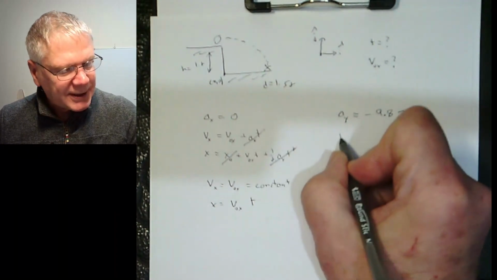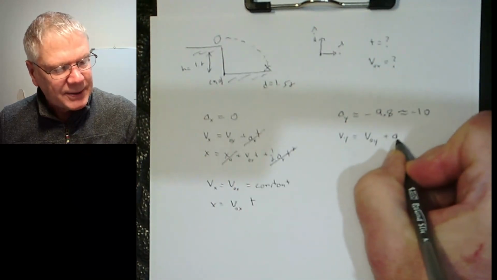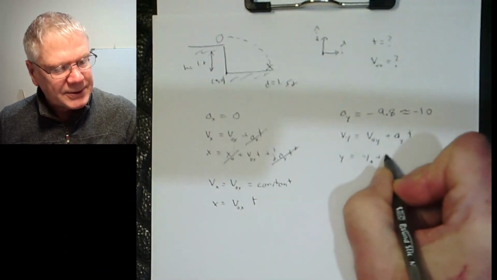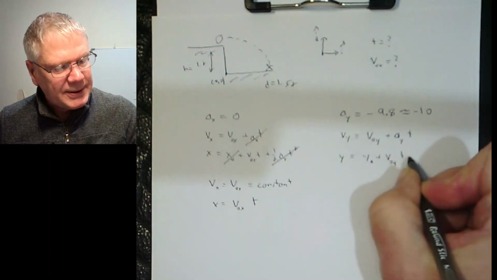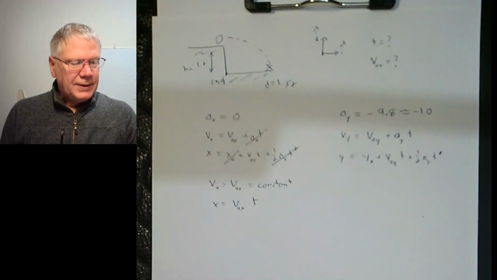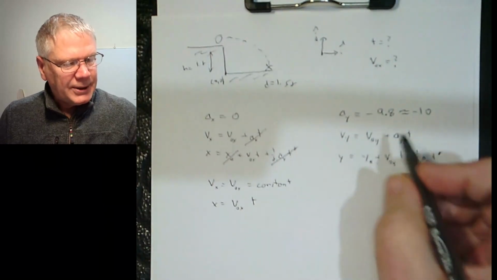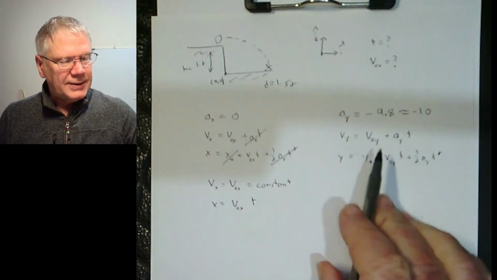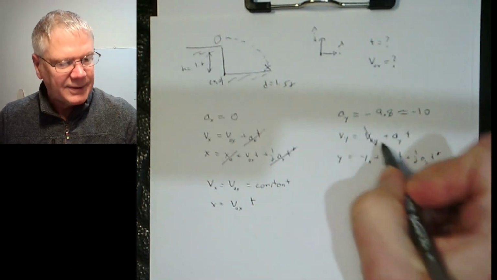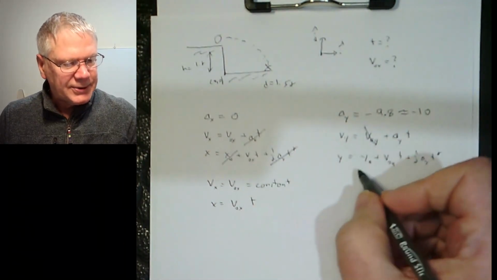So we have velocity in the y direction. We have our initial y velocity plus a_y t, and y is equal to y0 plus v0y t plus 1/2 a_y t squared. We can reduce these. Is there any initial y velocity? No, we don't have that. We're starting at y equals h.